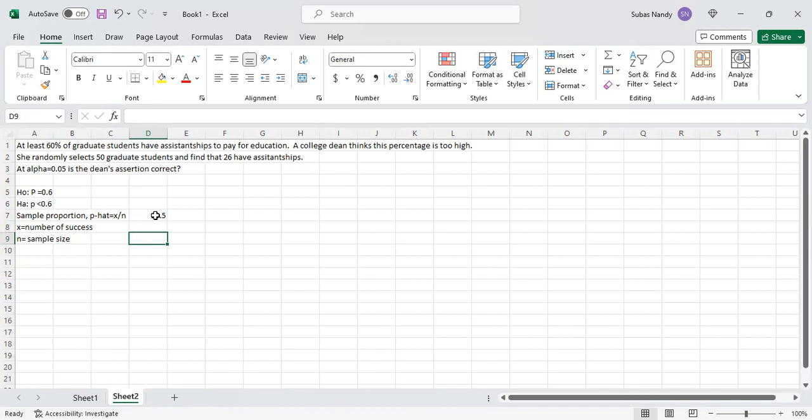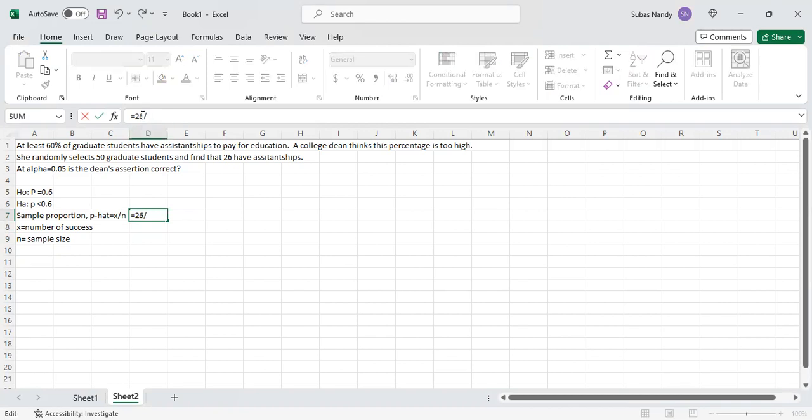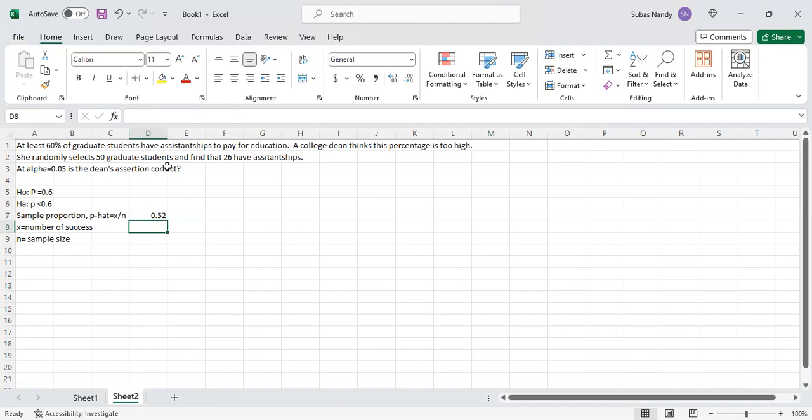And that's 26 divided by 50, and that's 0.52. So notice my X, number of successes, is 26 and my sample size is 50.